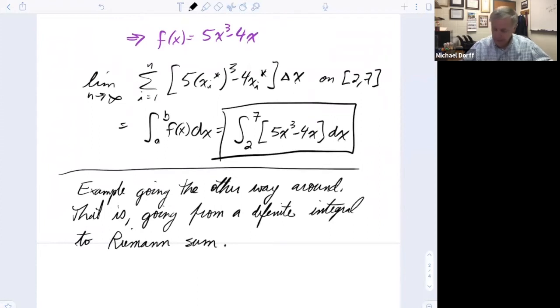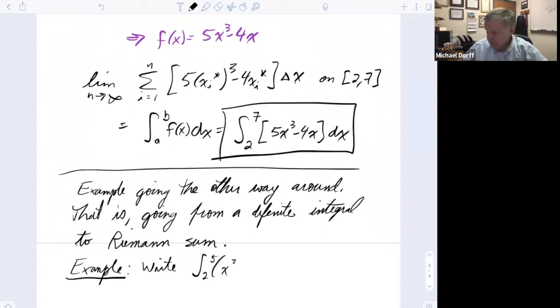Okay, so here's the example I'm going to do. I'm going to write the integral from 2 to 5 of x squared plus 1 over x dx as a Riemann sum.